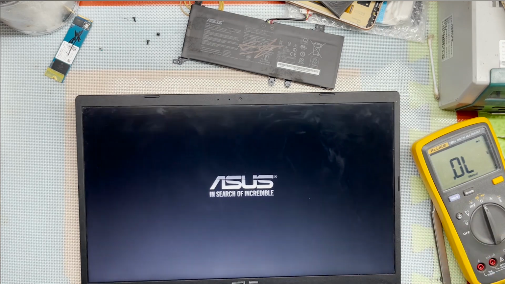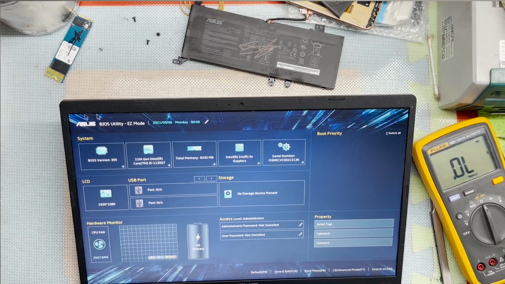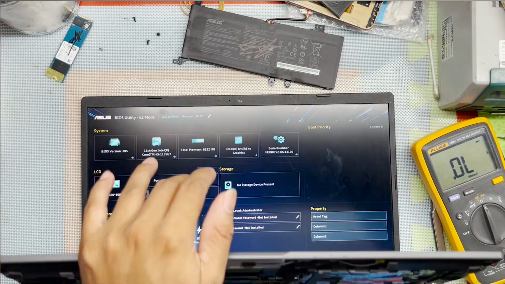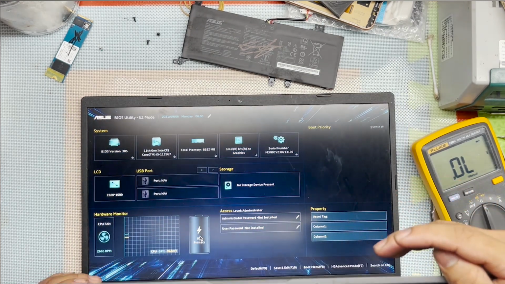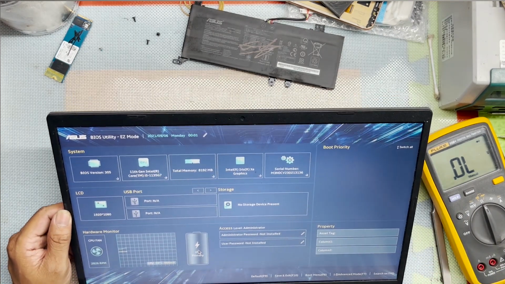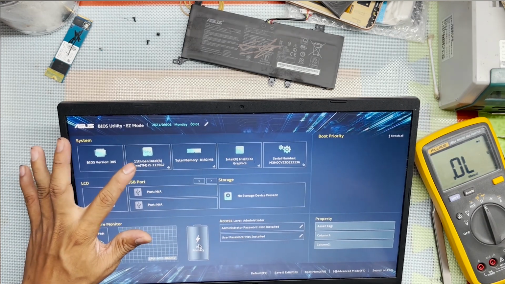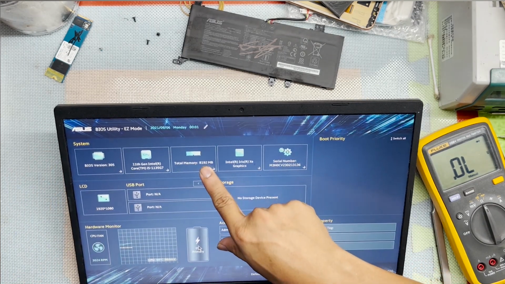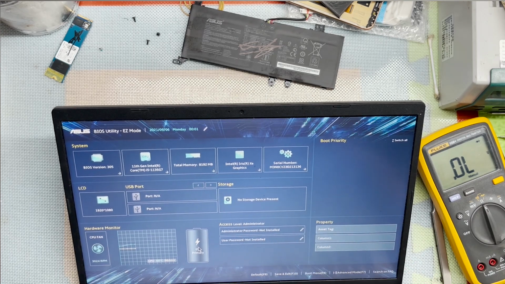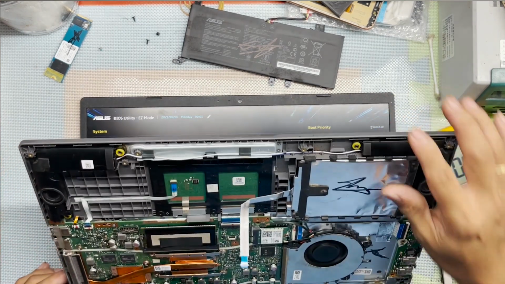There it is. Okay, see, we already fixed the issue. That was an easy one. It's an i5 11th gen, 8 gigs of RAM. Yeah, so we already fixed the issue. That was an easy one.